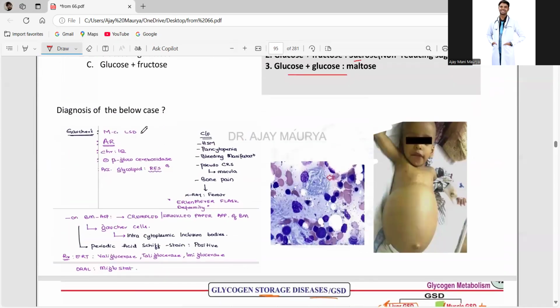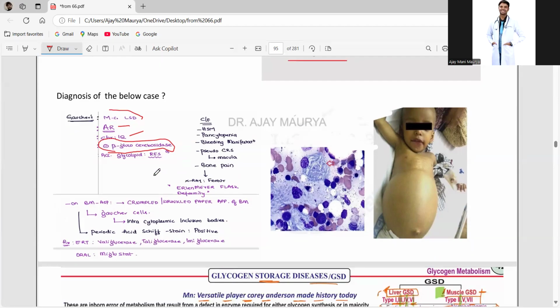It is the most common lysosomal storage disorder. It is autosomal recessive, on chromosome 1, and the enzyme deficiency is beta glucocerebrosidase. Chief complaint is the watermark. There is pancytopenia, bleeding manifestation, pseudo-CRS, and bone pain.